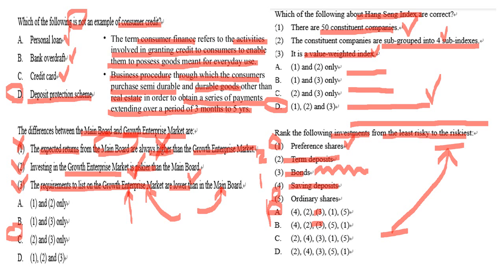Remember it. Investing in growth enterprise market is riskier. I told you that the companies in the GEM have a potential to be successful, but also a high potential to lose. So the answer for two is correct. The requirements to list on the GEM are lower.